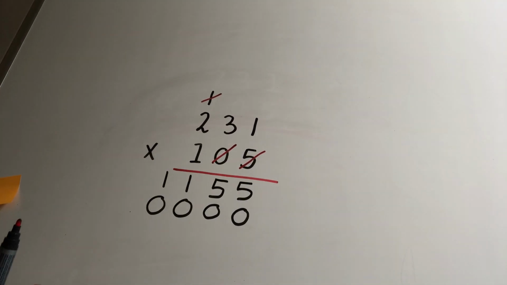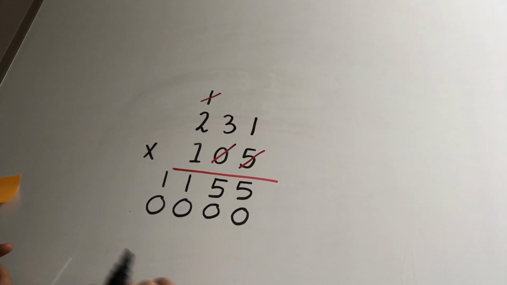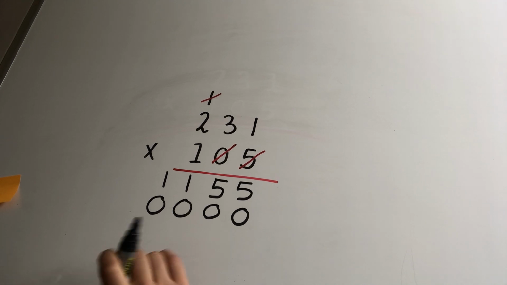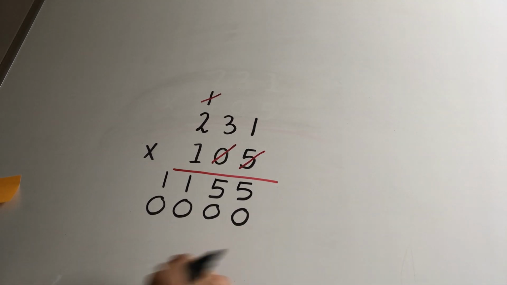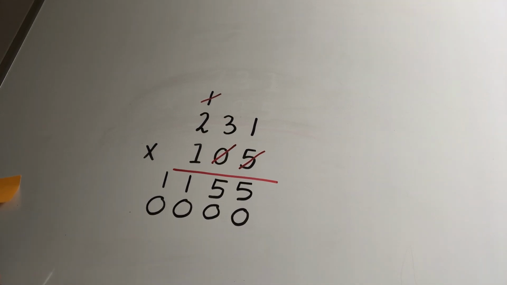And this is our hundreds column. This is not 1, it actually is 100. So what we need to do, when we were multiplying by our tens number, we put down 0 to show that. So you may be able to already think, what do you think we might have to put down here if we're multiplying by a hundreds number?